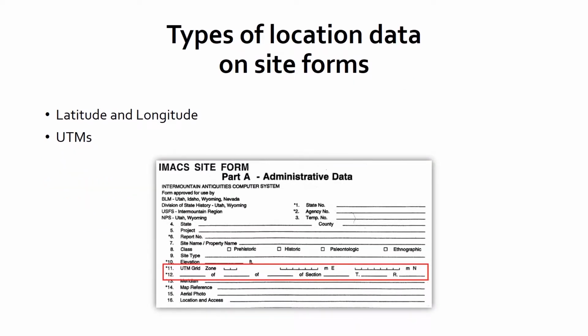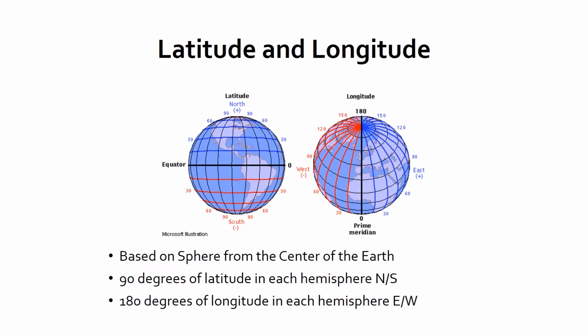If you have a site record, like an IMACS form, it's going to include the UTMs. It'll say UTM grid. Latitude and longitude is what you learned about in school. It's based on the globe being a sphere, and we calculate latitude in degrees from north to south and longitude in degrees from east to west.